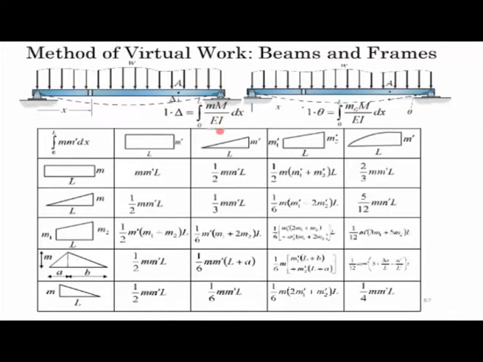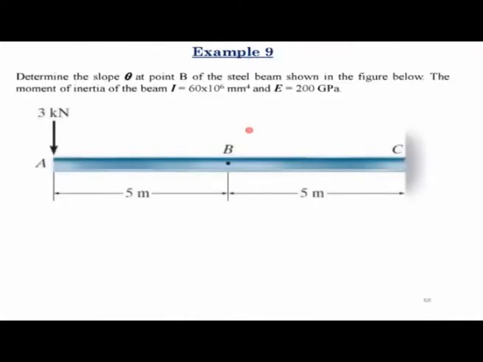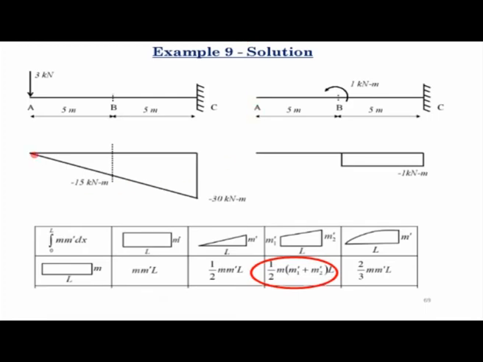Now if you want to use the formula integration of mM over EI dx, you see that the moment function for the beam does not have any discontinuity, or remains the same, under the external load.